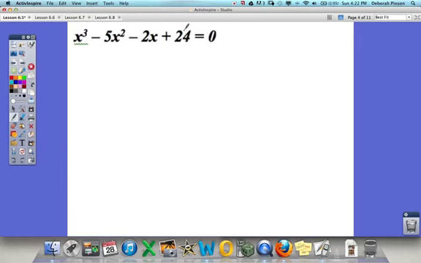Okay, so let's look at a problem. I was a little bit mean to you because I gave you 24, which has a lot of factors. So let's find our list of possibilities. I'm going to take factors of my constant and divide by factors of the leading coefficient. So factors of 24 are 1, 2, 3, 4, 6, 8, not 10, not 11, 12, and 24.